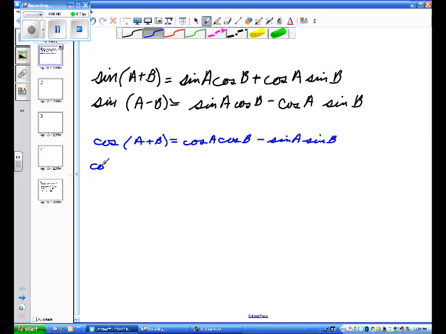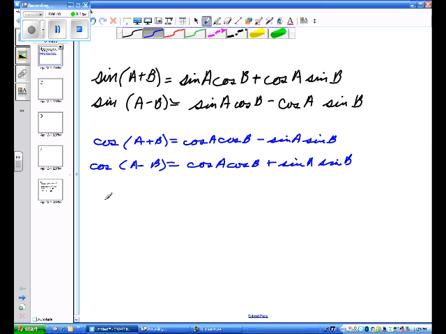And if we look at the difference of two angles, then the cosine of A minus B is equal to the cosine of the first, cosine of the second, plus sine of the first, sine of the second. So you can see they're very similar. For cosine, when you're adding the two angles, then it's a subtraction. When you subtract the two angles, it's a plus. For sine, they have the same sign.